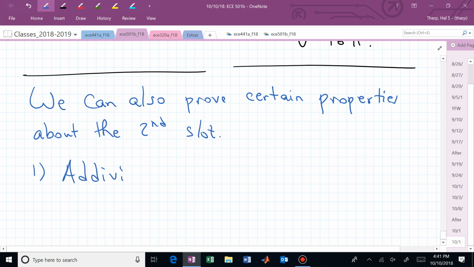First is we can actually show, using the definitions of the inner product, that we actually have additivity of the second slot.